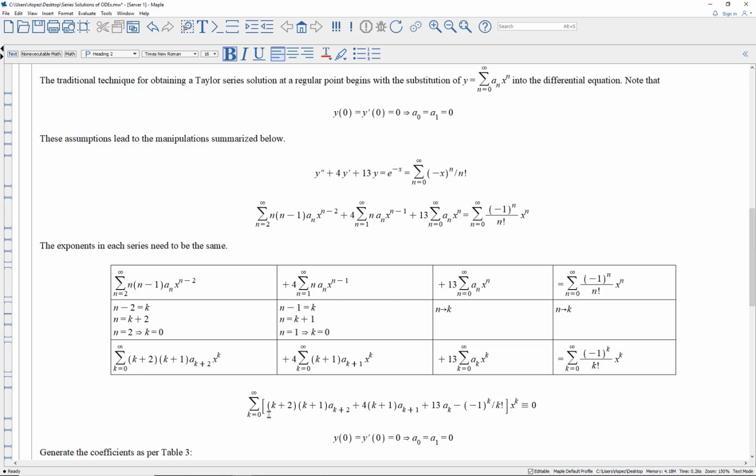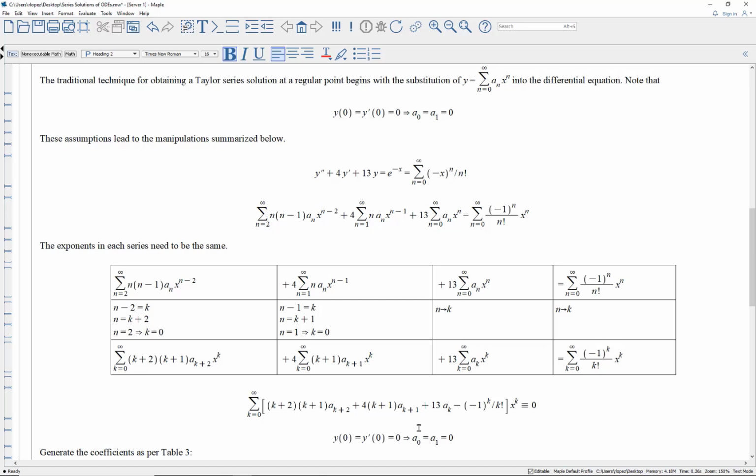Now you can sum from 0 all of these four terms down here, factoring out the common x to the k. Each of these coefficients itself has to be identically 0 for each value of k. The initial conditions, they're inert. They tell you that a0 and a1 are given.